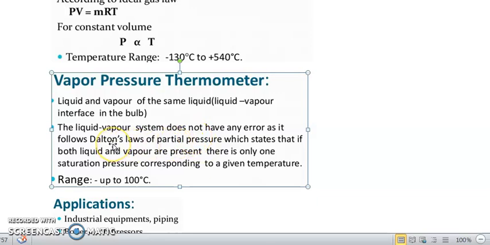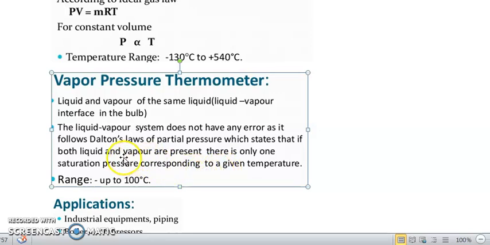Here in the vapor pressure thermometer, it follows Dalton's law of partial pressure, which states that if both liquid and vapor are present, there is only one saturation pressure corresponding to a given temperature.